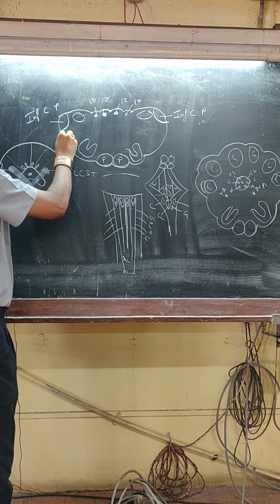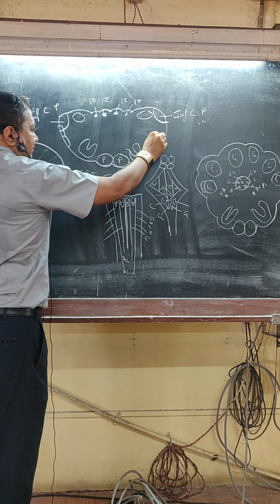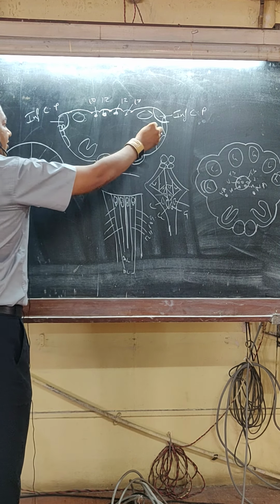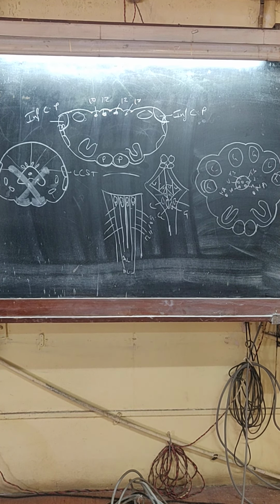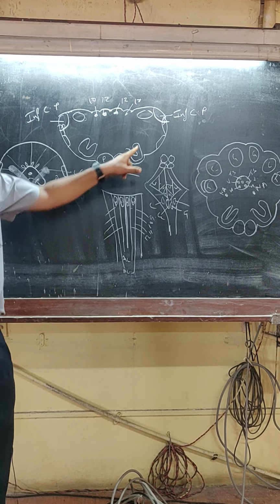Ventral spinocerebellar tract, dorsal spinocerebellar tract. Ventral spinocerebellar tract enters which peduncle of the cerebellum? Superior cerebellar peduncle. Dorsal enters the inferior.